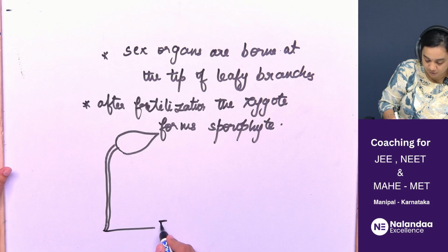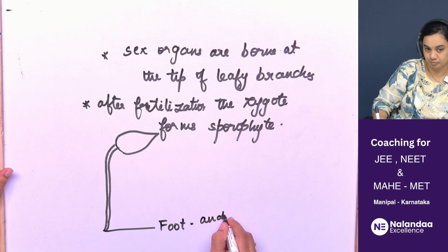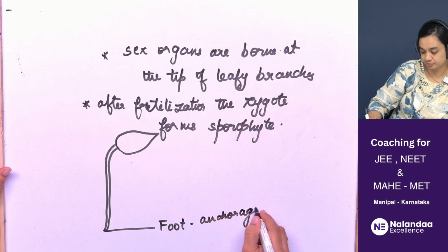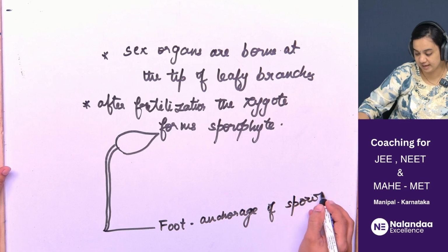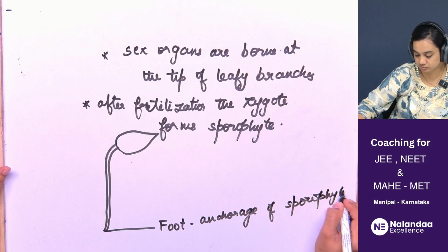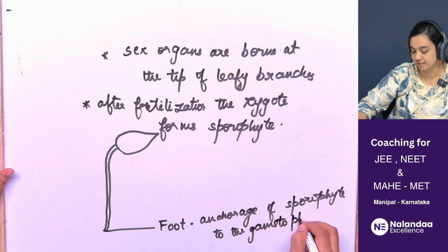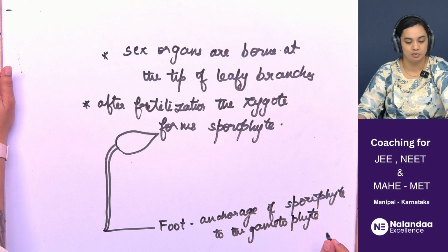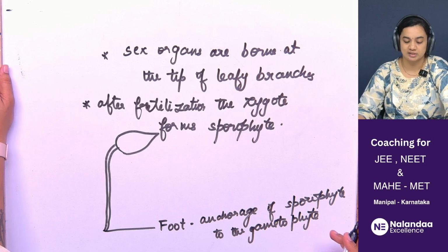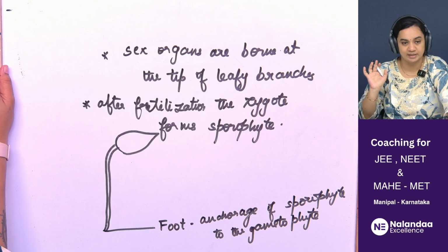This basal foot helps in anchorage of the sporophyte to the gametophyte. So the foot is the part through which the sporophyte is attached to the gametophyte. The sporophyte is partially dependent on the gametophyte, which means it's capable of photosynthesis, but still nutrients it will absorb from the gametophyte.